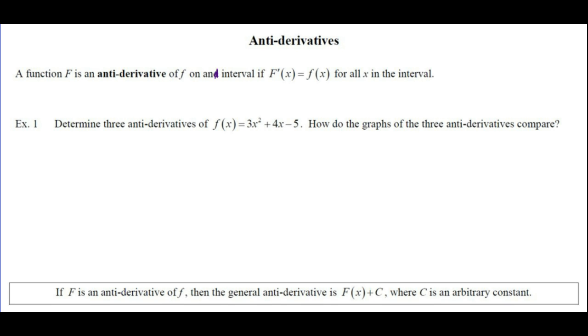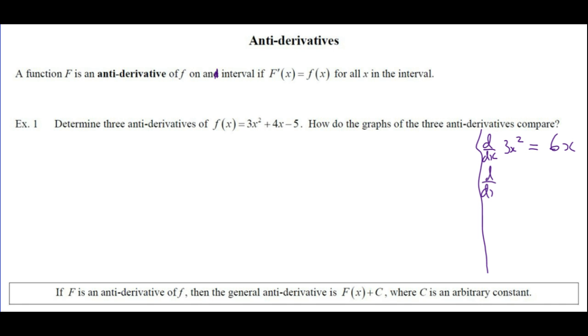Determine 3 antiderivatives of f of x equals 3x squared plus 4x minus 5. Okay, you think you can do that, or do you want to do something simpler first? Let's go over here. What's the derivative of 3x squared? 6x.